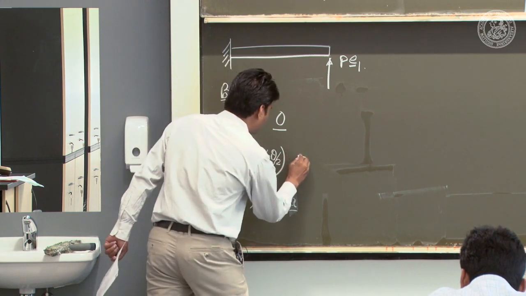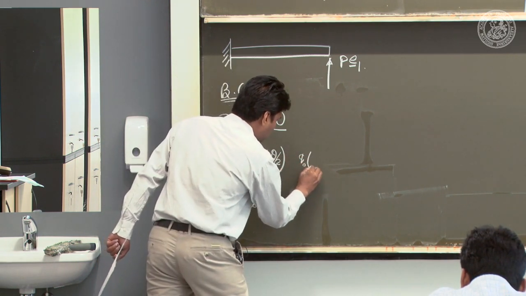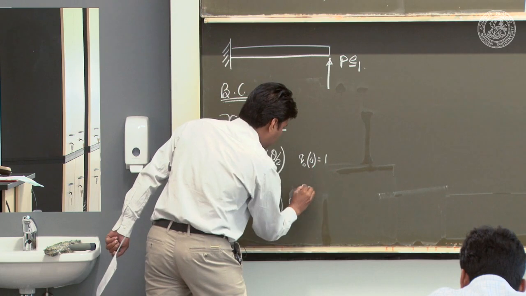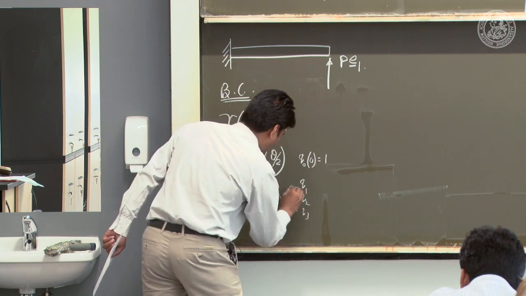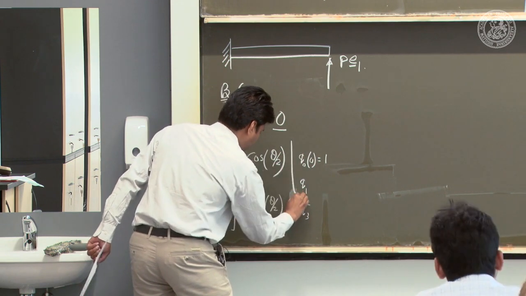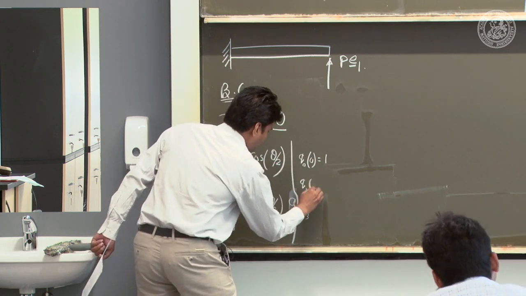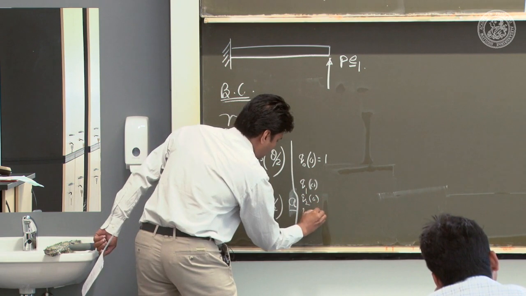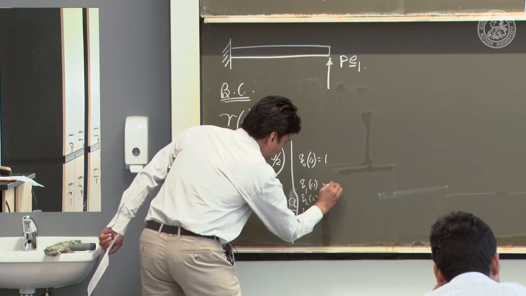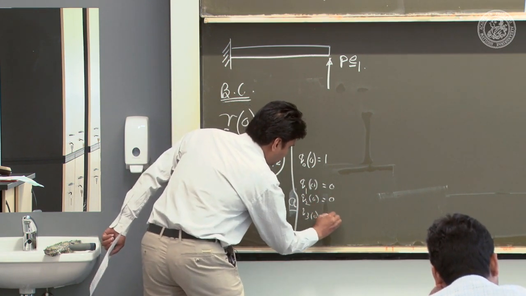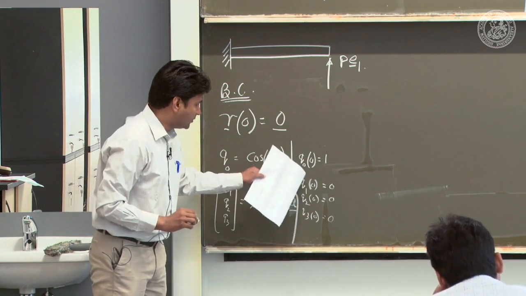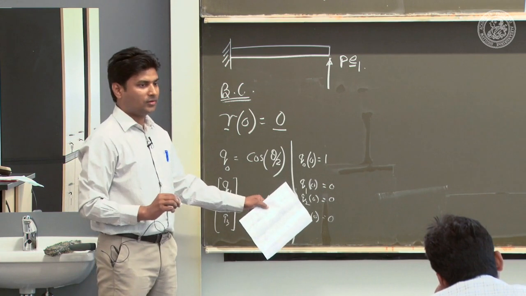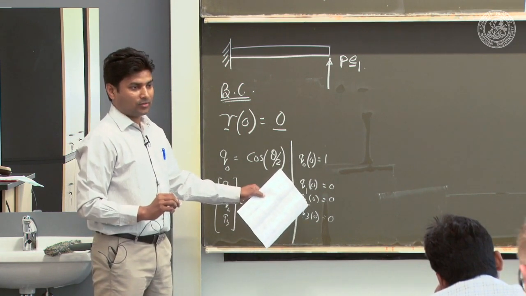So, what this tells you is that q naught at 0 is equal to 1, and q1, q2, q3 they are all 0. So, you see you got 4 boundary conditions from rotation, 1, 2, 3, 4. So, that is the extra one.